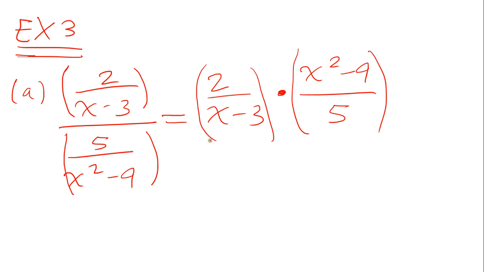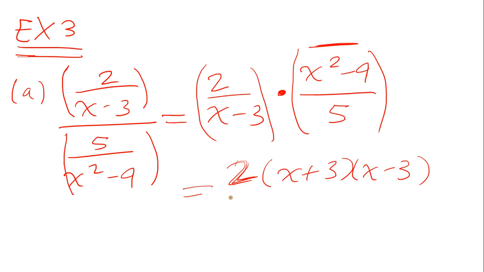So we basically have 2, and then this is going to be x plus 3 times x minus 3 divided by x minus 3 times 5.